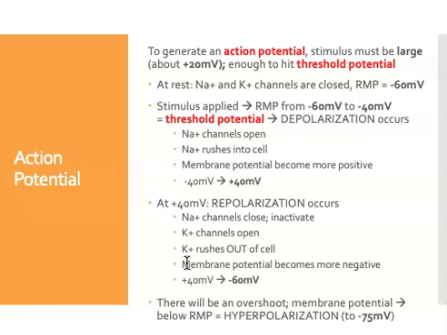Now I'm going to introduce a new term here, and that's this term repolarization. Remember, I said a moment ago that when the inside of the cell suddenly becomes more negative, we call that hyperpolarization. But that's only when you start from rest. So if I begin at minus 60, resting, and I become more negative, that's hyperpolarization.